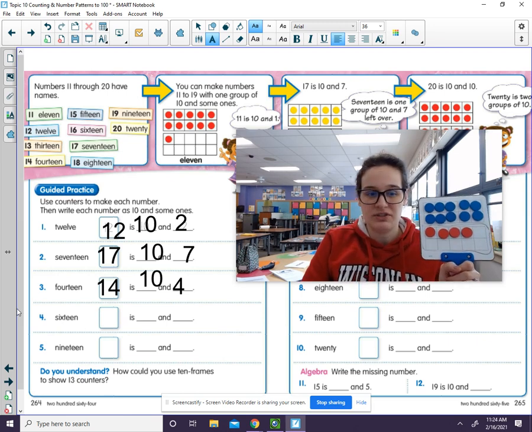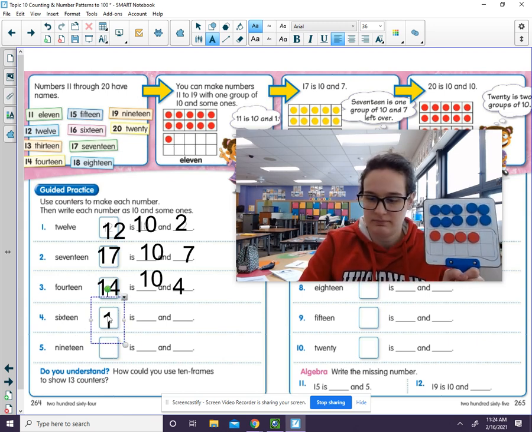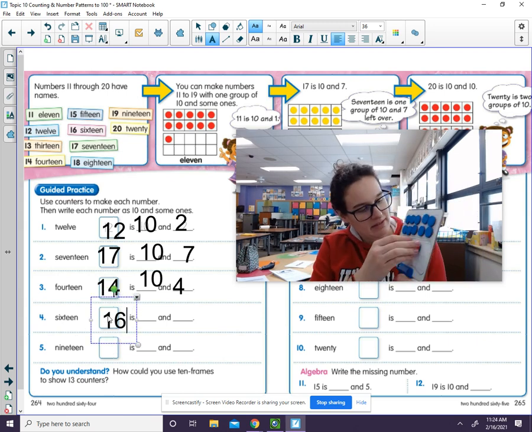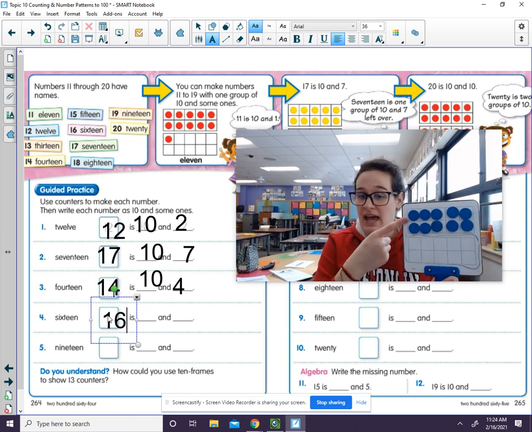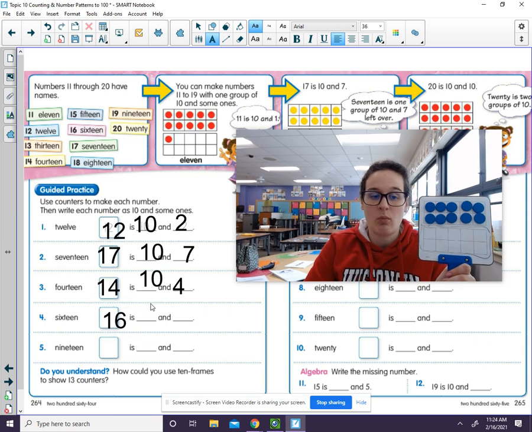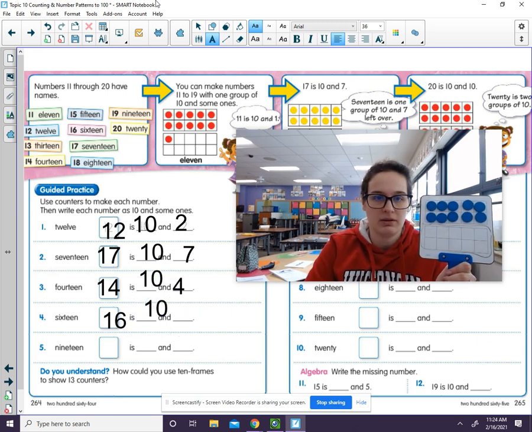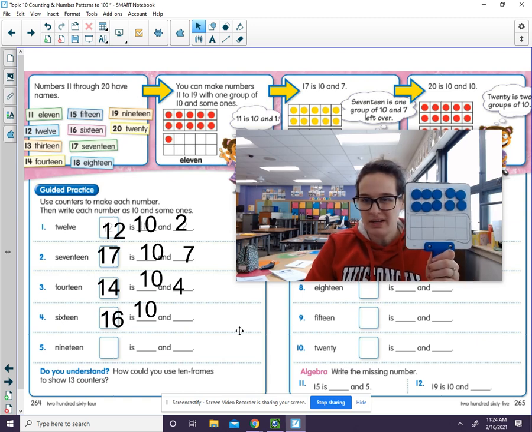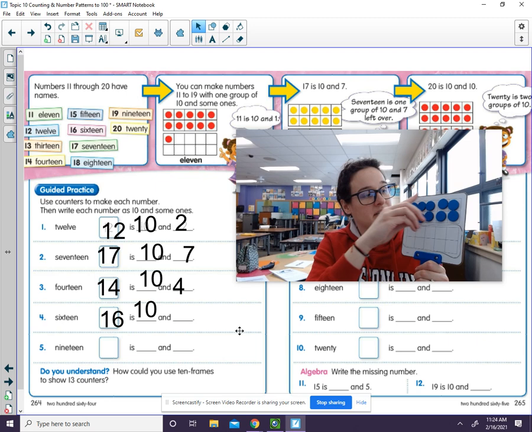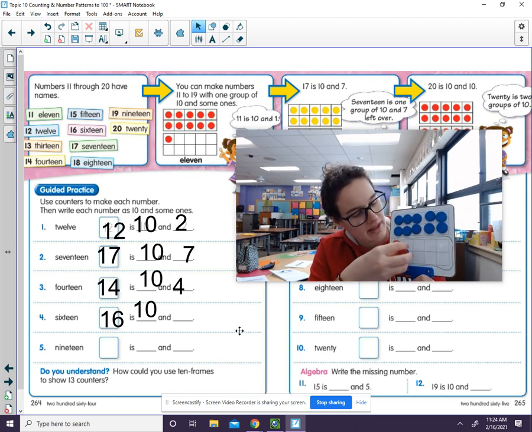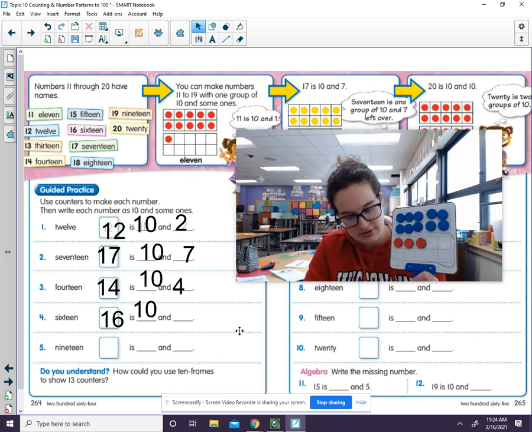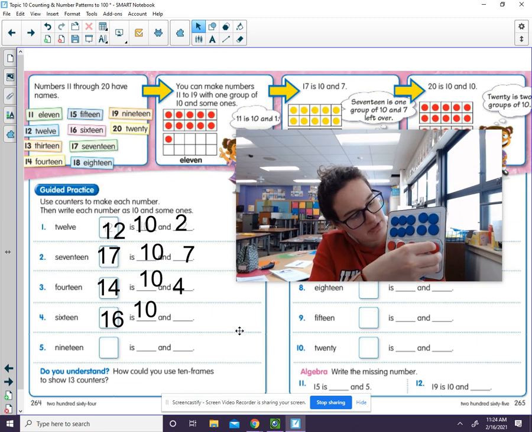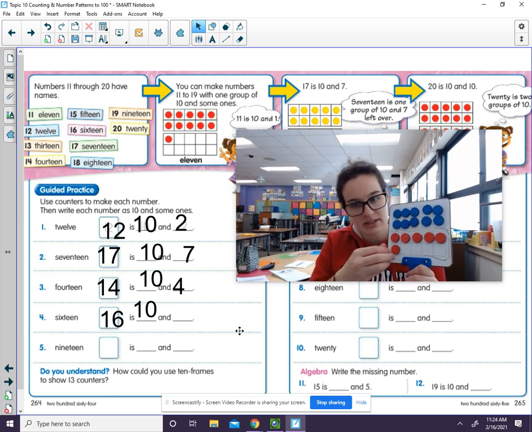Okay, this is the last one we're going to do. So 16. Well, again, remembering that we have 10, and then it's going to take some ones or some more. So how many, though? Well, we're going to add ones down here until we get to 16. So we have 10, 11, 12, 13, 14, 15, 16.